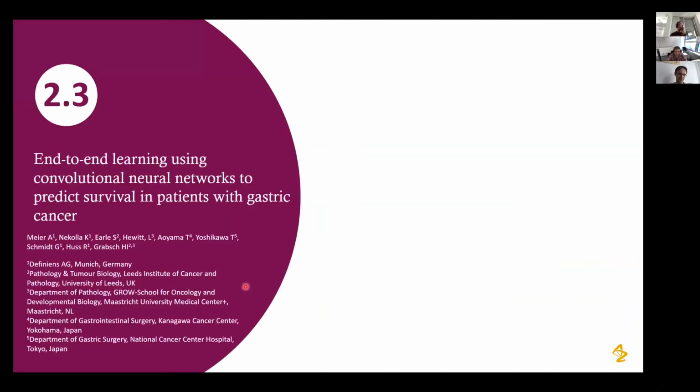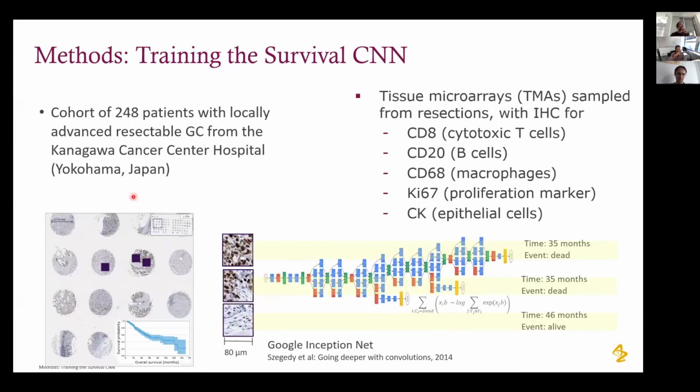Cool. The third one is basically the most novel application, which I think Armin from our group drove at that time, where we tried to predict end-to-end patient outcomes using deep learning. So there were no pathologist annotations, only survival data and images available to us in this case. So Armin did this training on tissue microarrays.